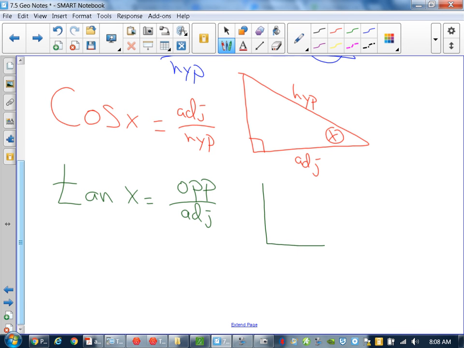So your tangent is when you have just the opposite and the adjacent. If you know those two. And by knowing how to label your triangles, it is very easy to distinguish between which values you're going to use.